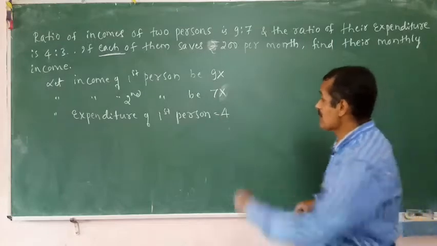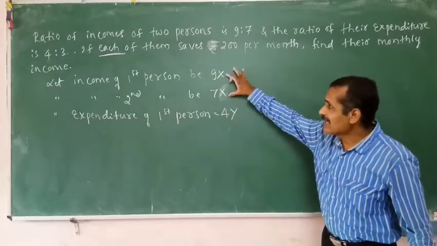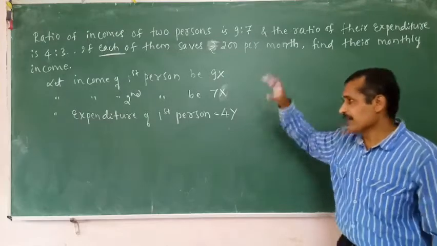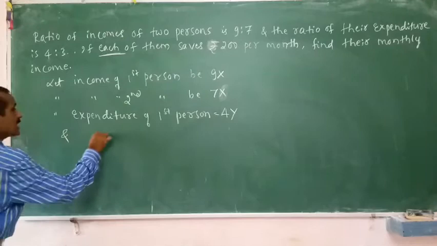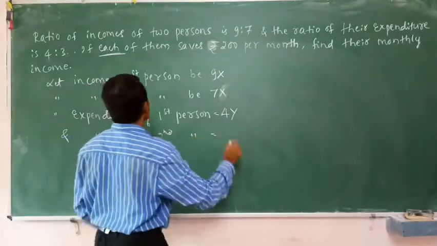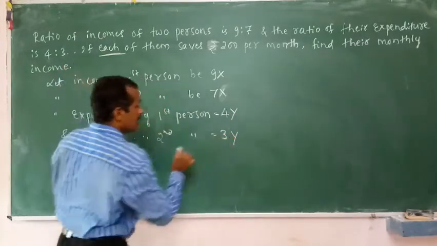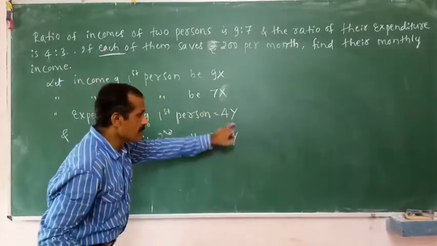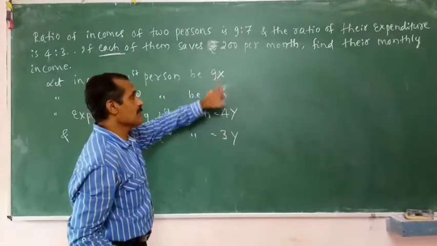Expenditure of the first person I will take as 4y. This is the income, this is the expenditure. I will take the expenditure of the first person as 4y, and expenditure of the second person as 3y. Expenditure must be of the same alphabet. Income should be of the same alphabet.